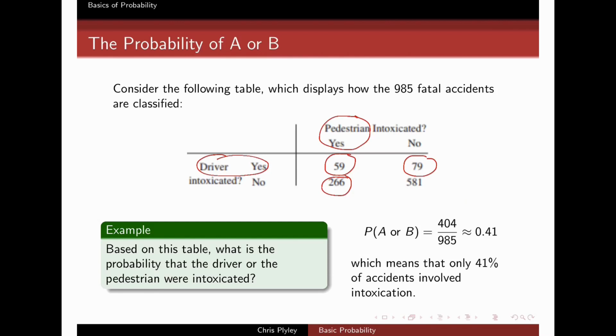So if I add up 266 plus 79 plus 59, I get 404. So the probability that either pedestrian drunk or driver drunk is 404 out of 985.